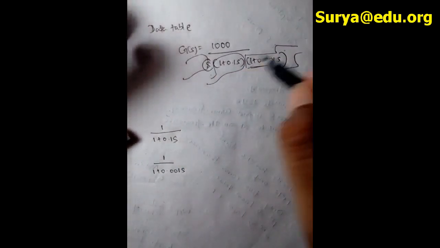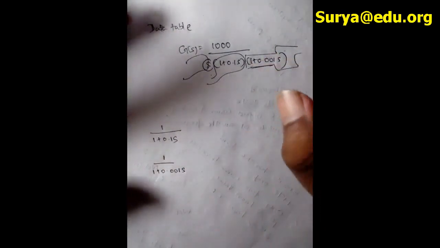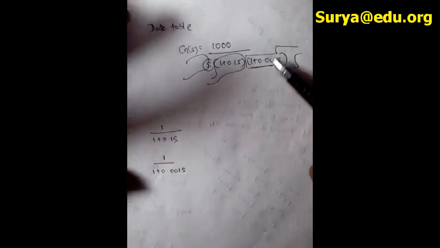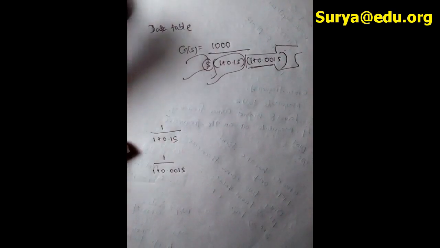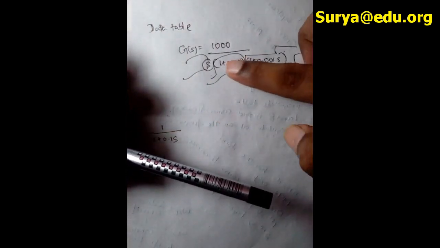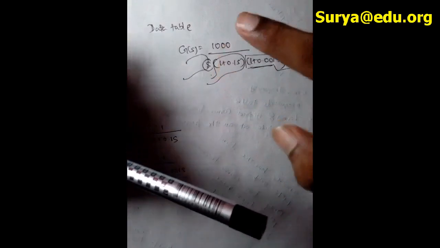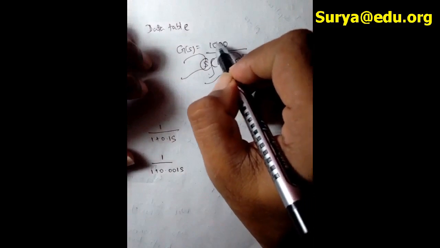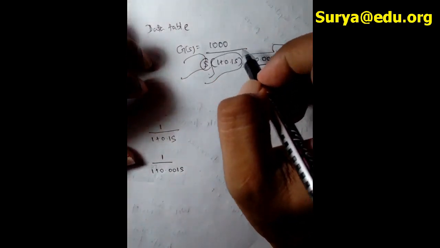But keep in mind, when you are going to do the categorization, you have to cover the entire transfer function. So we have taken this as a compartment, and we have taken this as a compartment. If we only take this s, then this 1000 will be left alone, so that is not good.